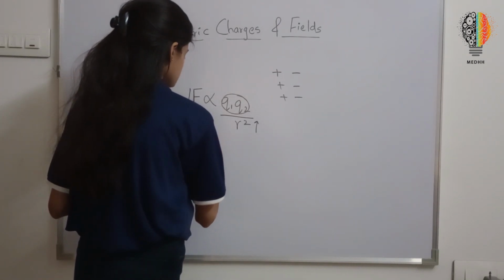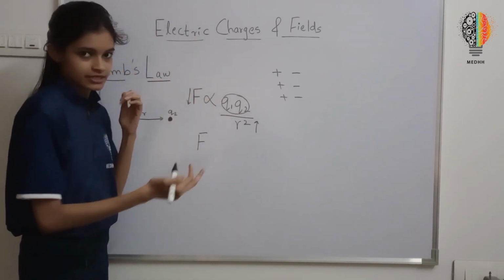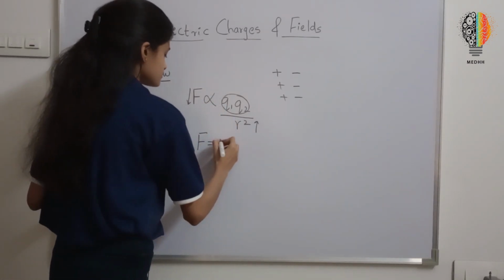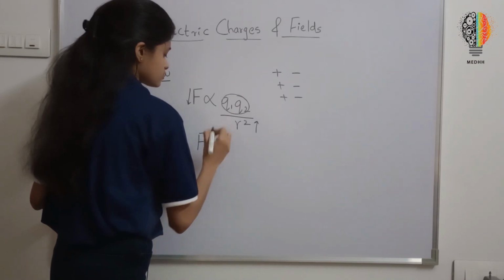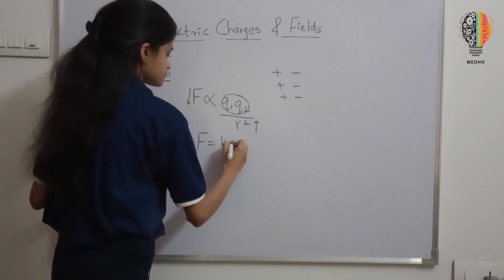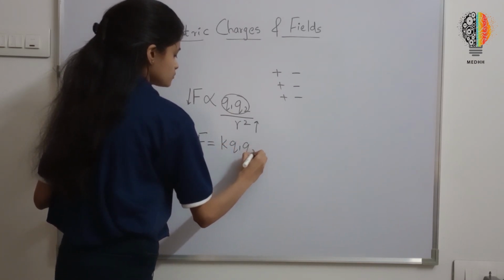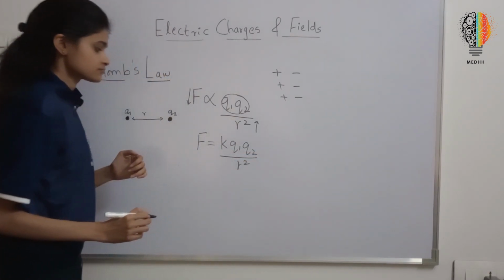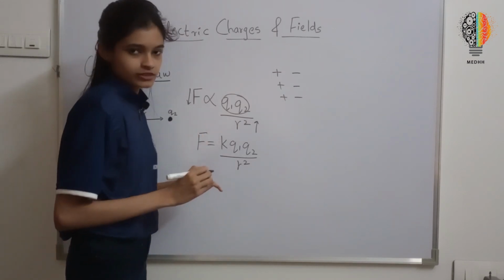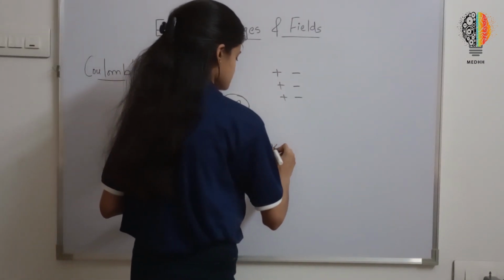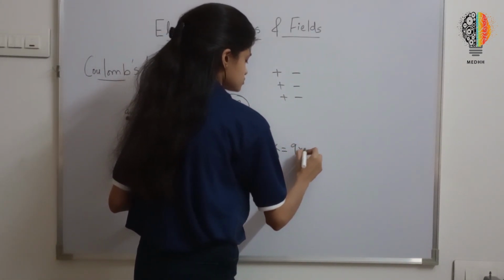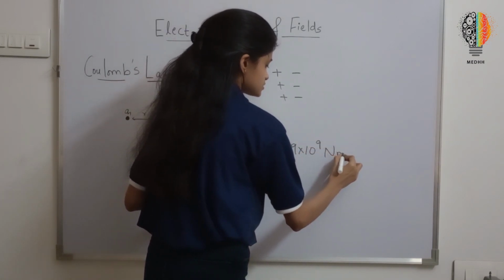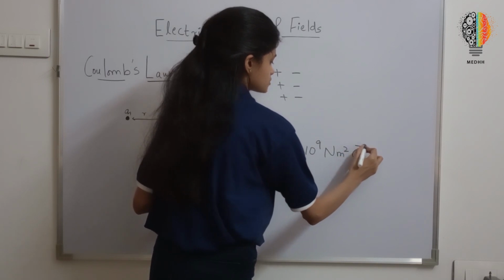If you remove the proportionality sign, we need to keep a constant. So, K is the constant of proportionality: F equals K Q1 Q2 by r square. Here in SI units, the value of K is 9 into 10 to the power 9 Newton meter square Coulomb inverse square.